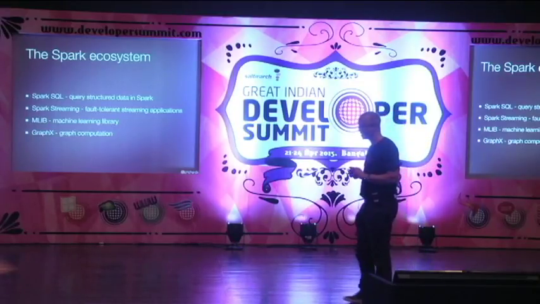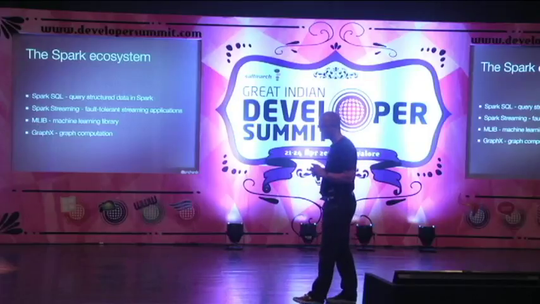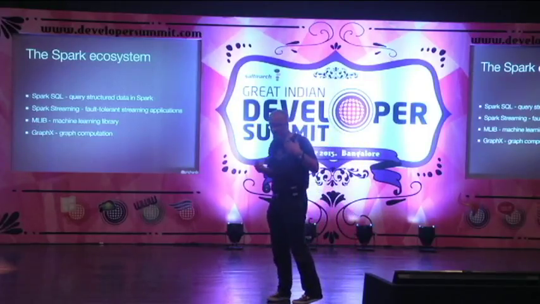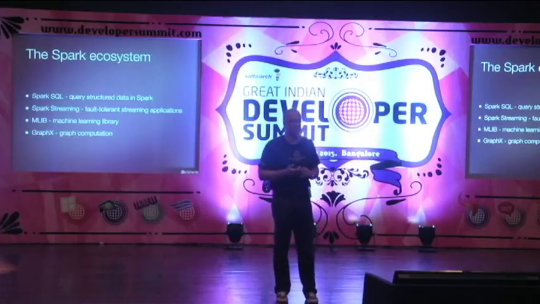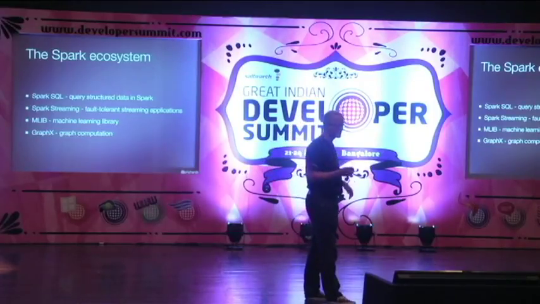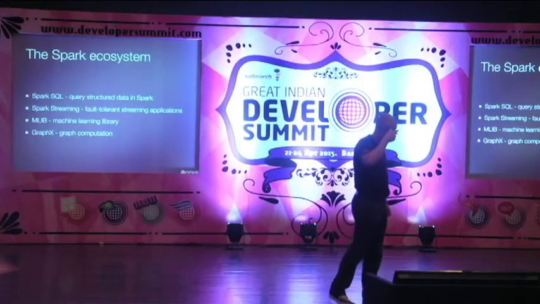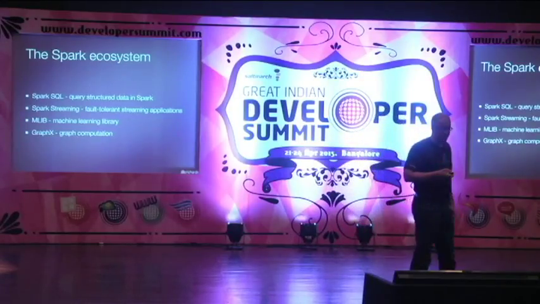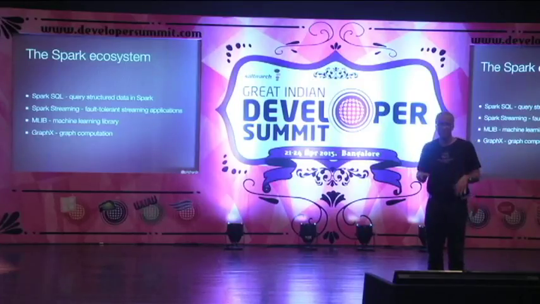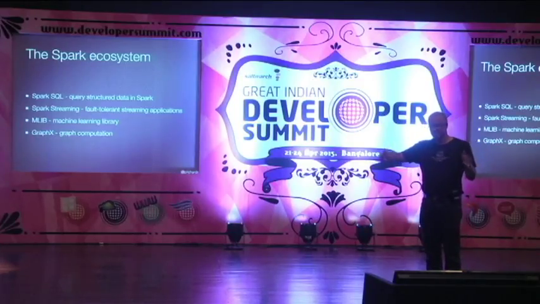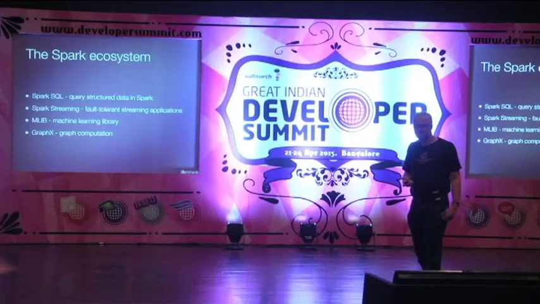There's also MLlib, a machine learning library, with machine learning algorithms implemented in terms of RDDs. And then there's GraphX, a graph computation engine as well. All of this code is sitting on top of RDDs that are partitioned and replicated across a cluster.